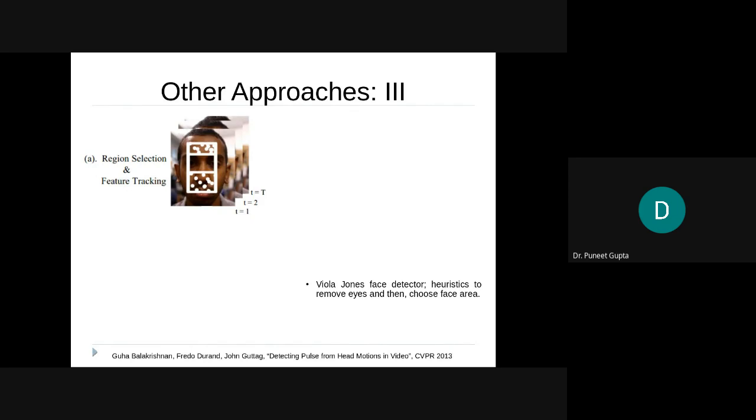This is not an Eulerian approach, this is a Lagrangian approach, and that's why I'm covering this. It provides a totally different direction.